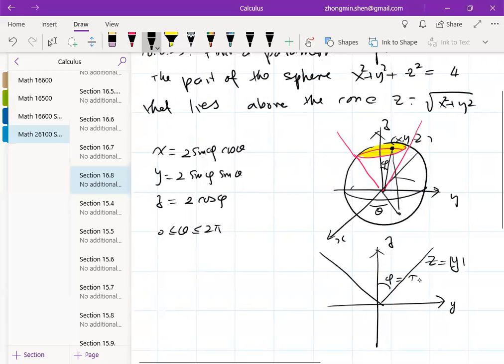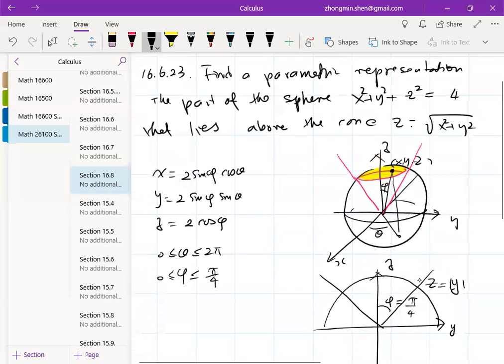Phi here is pi over 4, 45 degrees. The cross-section of the sphere with the yz plane is a semicircle, and the cross-section of the cone with the yz plane is just two lines. So now you can see phi is between 0 and pi over 4. So that's it.